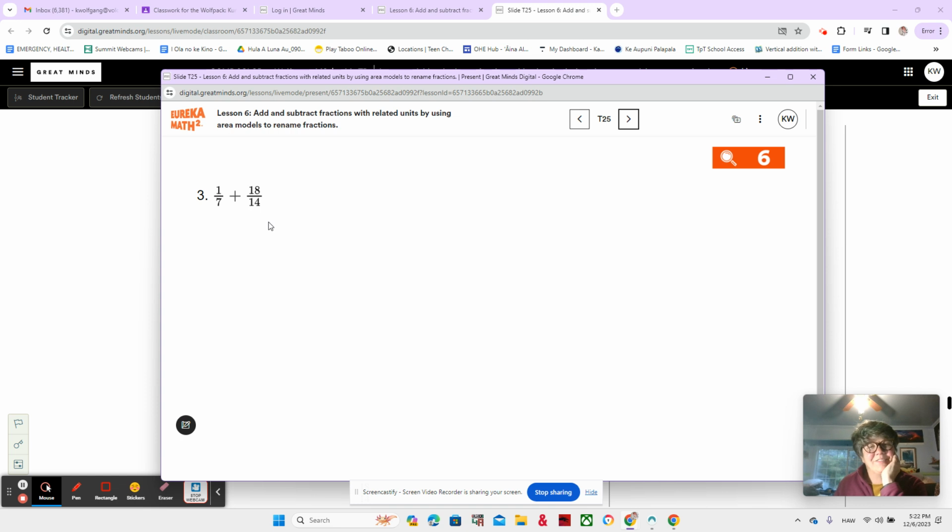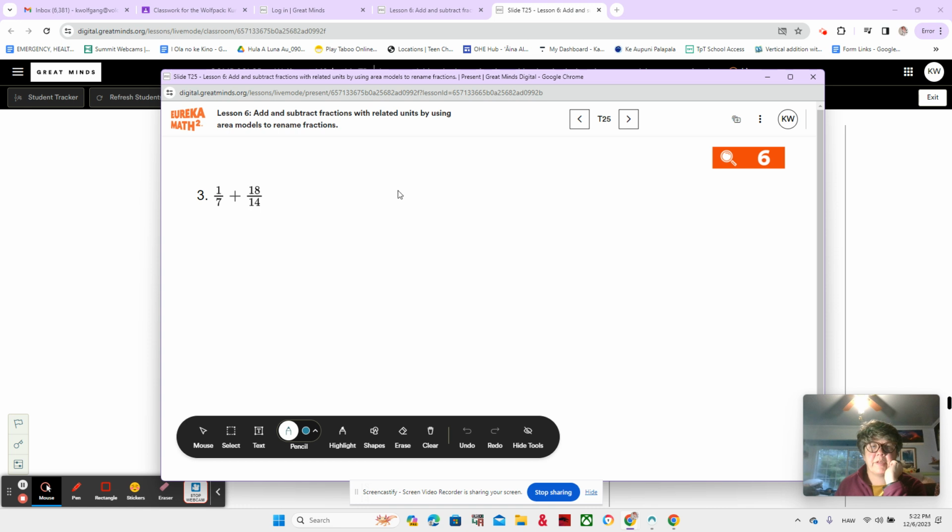1/7 and 18/14. Now, I could multiply 1/7 times 2 and get 14ths, right? I could divide 14/18 by 2 and get 9/7, right? I can think about that ahead of time because I can think about the fact family, right?